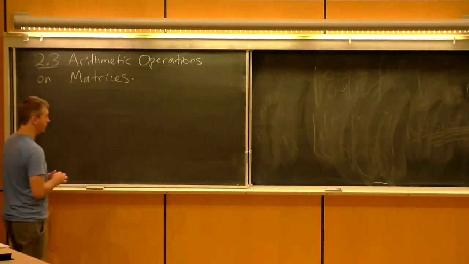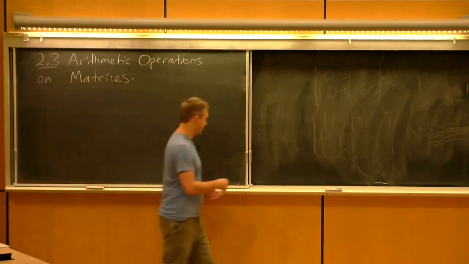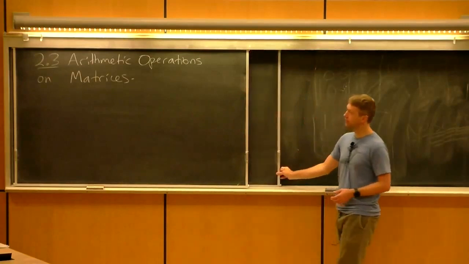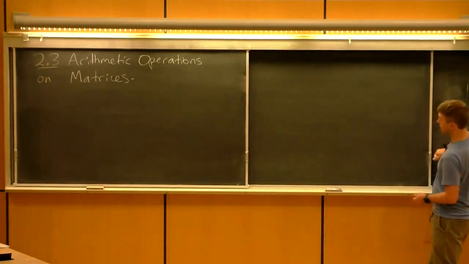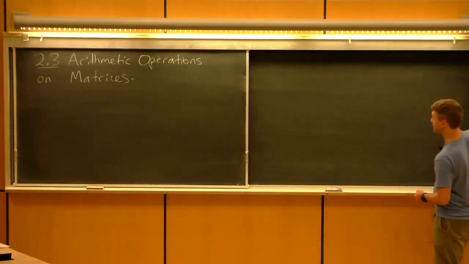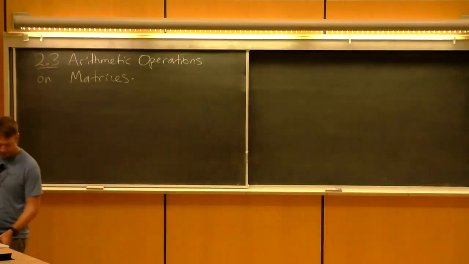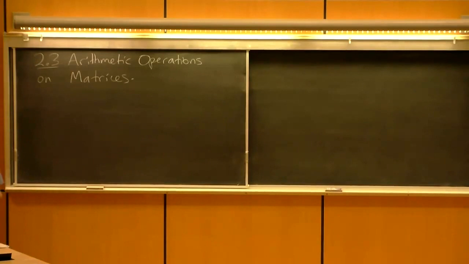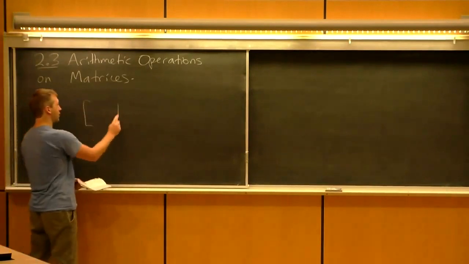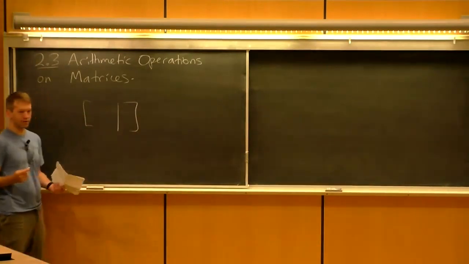Okay, so we're going to move on to section 2.3, which is about arithmetic operations on matrices. From now on, we're mostly going to look at matrices without this. You remember there was some vertical line representing equals.